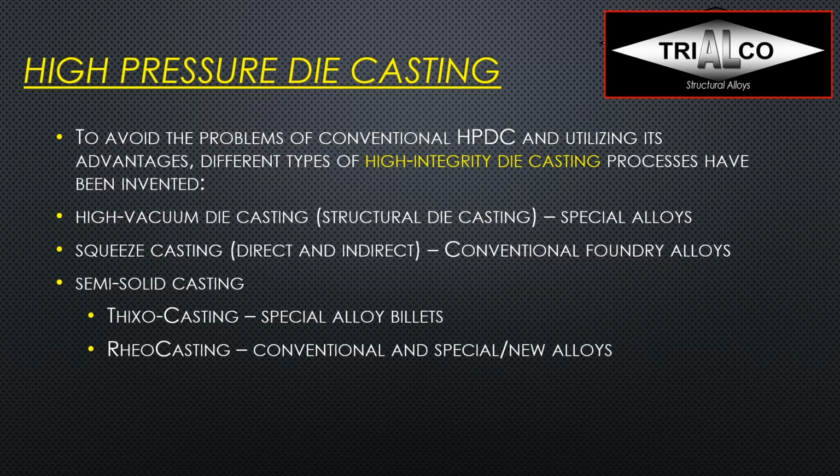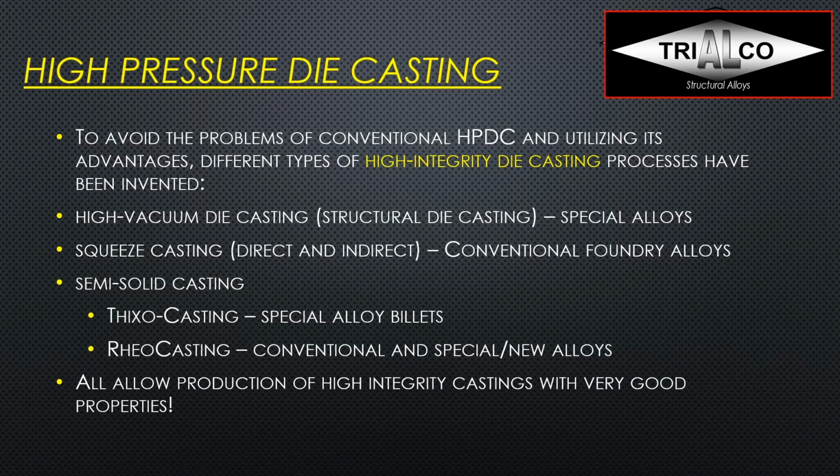All these processes really allow us production of high integrity castings with very good properties that can be heat treated, are crash worthy, can be riveted, and you can do a lot of things with them, in a way very similar to low pressure or counter pressure castings, and they also offer, in addition, the advantages of high pressure die casting.